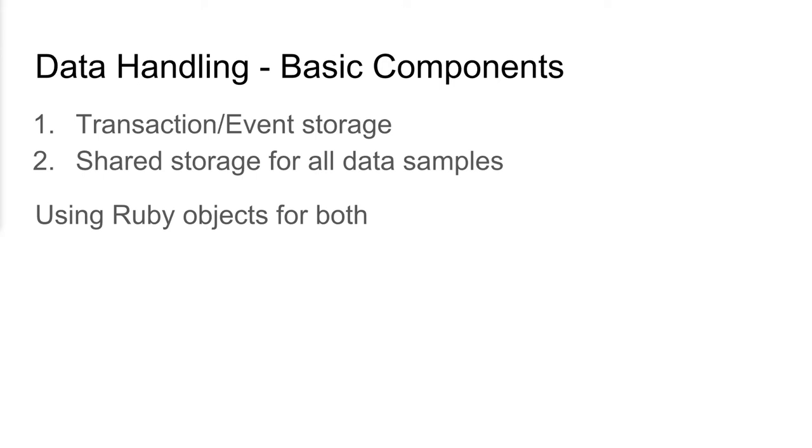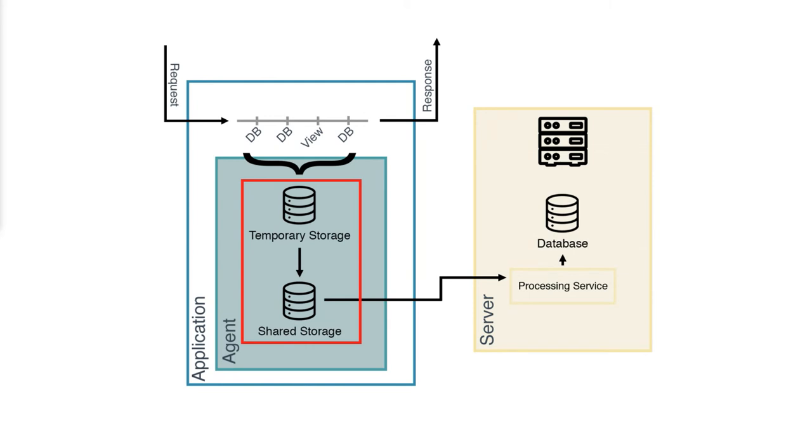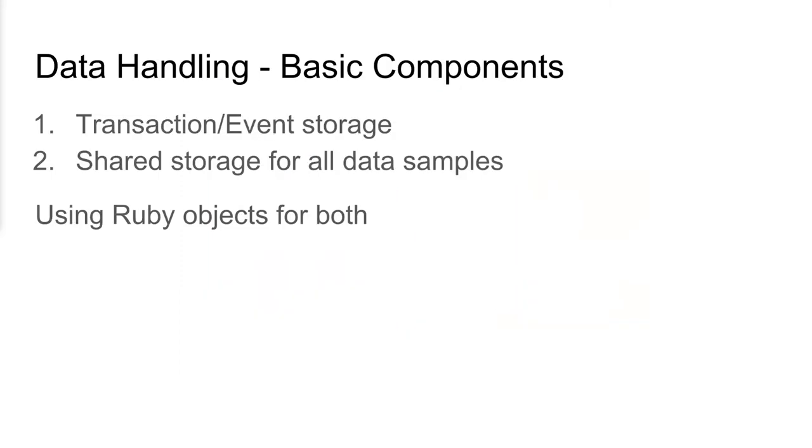With that in mind, we'll need two different components for this. First we need a place to temporarily store our event and transaction data as it is collected. And second, it would be nice to have a central place for this data to be put so we can upload it easily. So we have those two little hard drive icons that we're going to be focusing on.